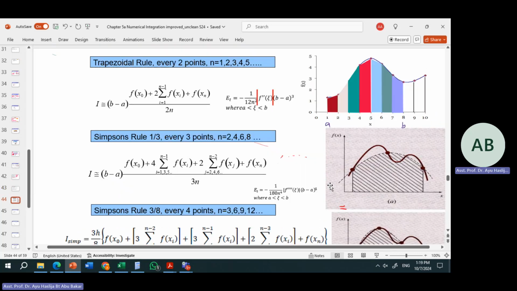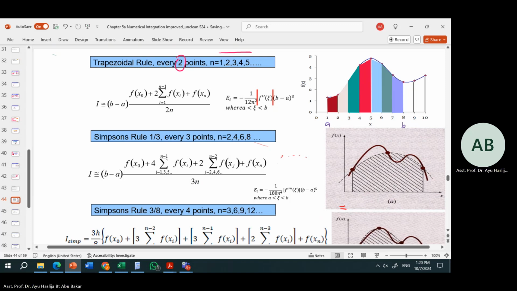Okay, trapezoid rule, every 2 points. Minimum for trapezoid is 2 points. That's why it can have this series of n. This series of n can be used for trapezoid. Each 2 points, you can use the trapezoid.